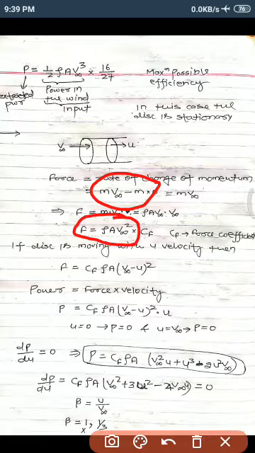But the total momentum is not changed into force here, because wind is passing through this turbine. So we consider a force coefficient Cf and multiply it in the equation to find the value of the force.